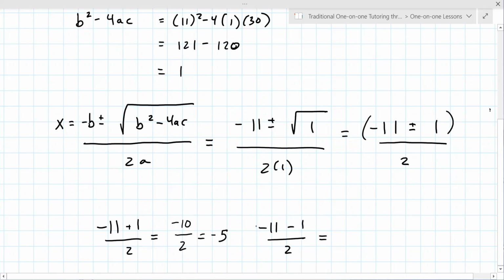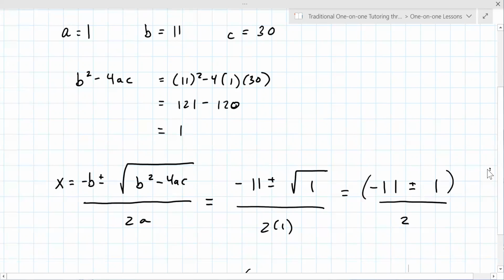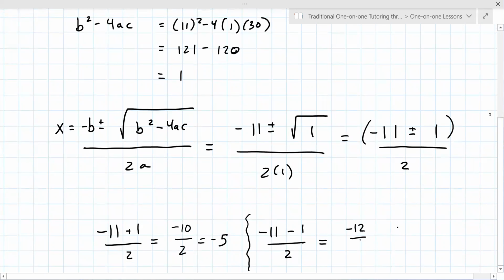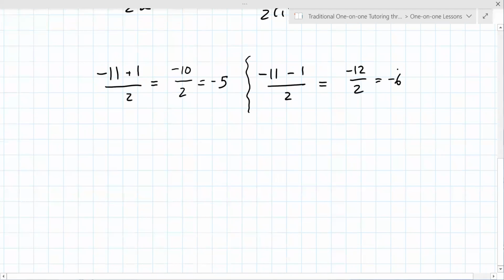Okay, how about the one on the right here? Negative 11 minus 1. Negative 12. Negative 12 divided by 2. What does that become? Negative 6. Perfect. All right, so make sure you get that down before we move on to the next question. I wrote that down. Excellent.